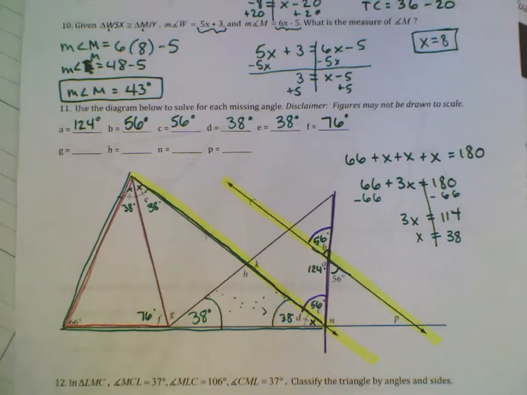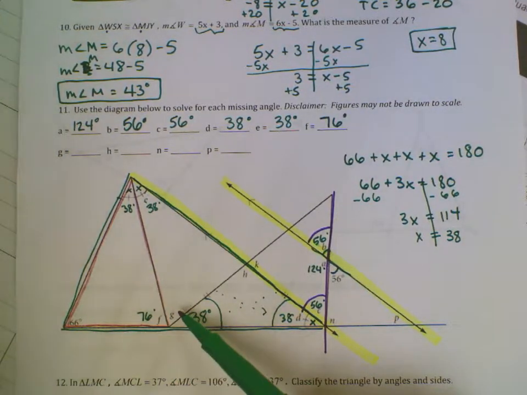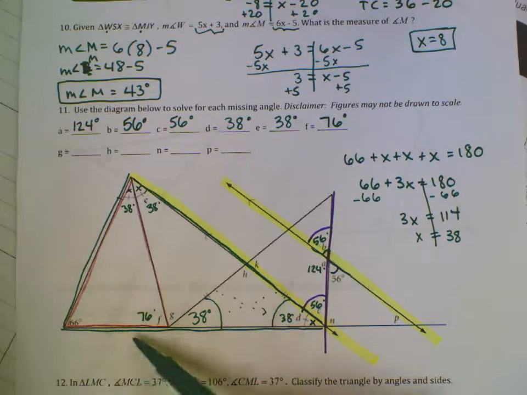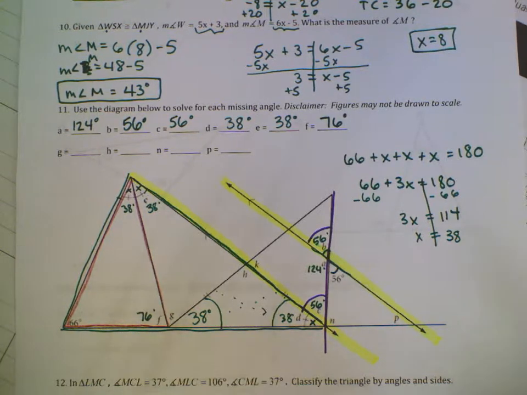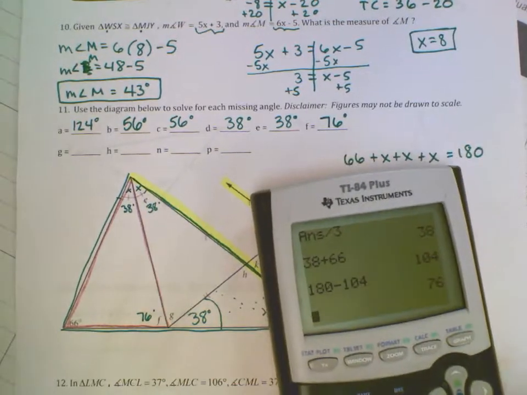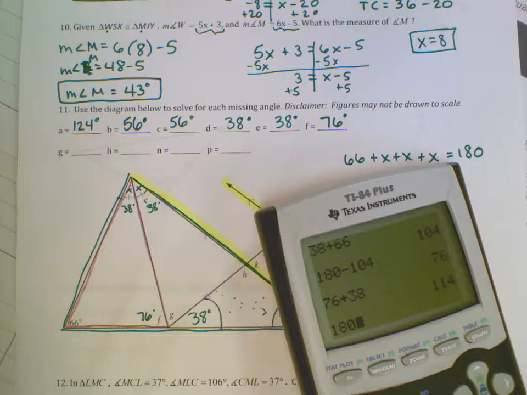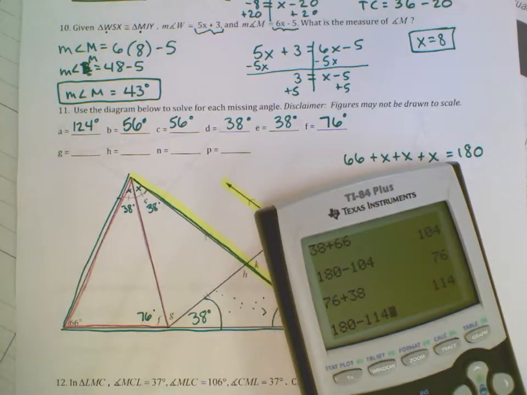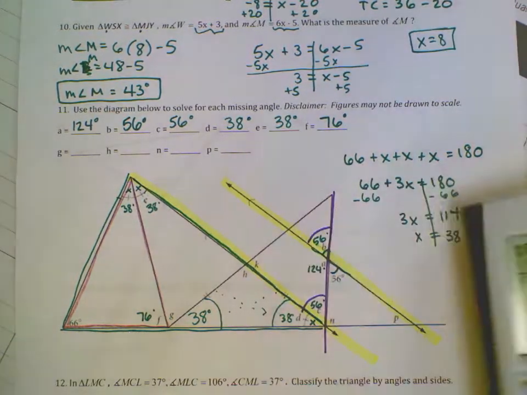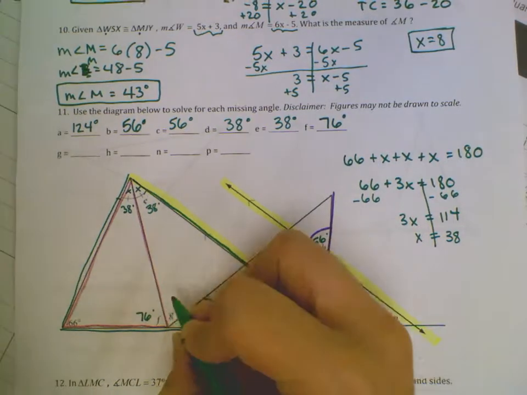So I've got an angle that's 76 degrees, a missing angle, and an angle that's 38 degrees that all come together to form this straight line. So I can do 76 plus 38, and then subtract that sum from 180 to find out that 66 degrees are missing, and that's what angle G must be.